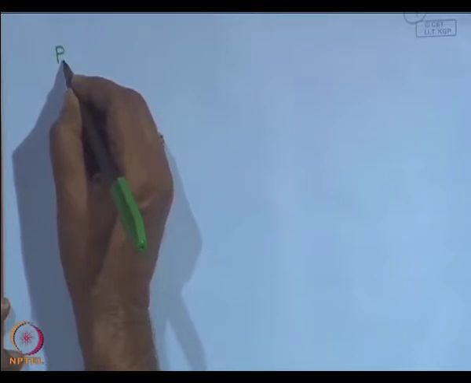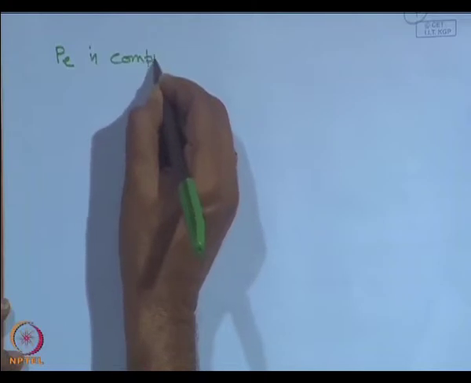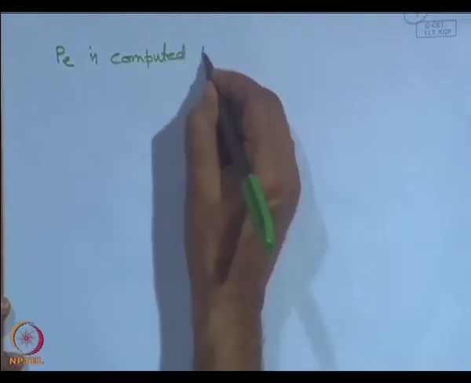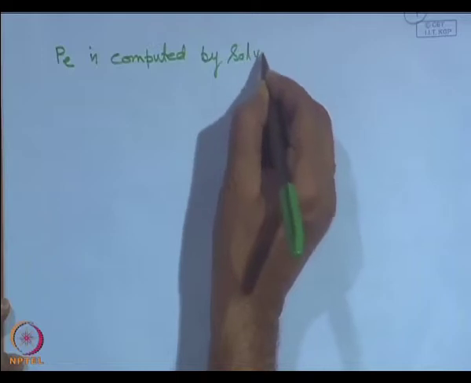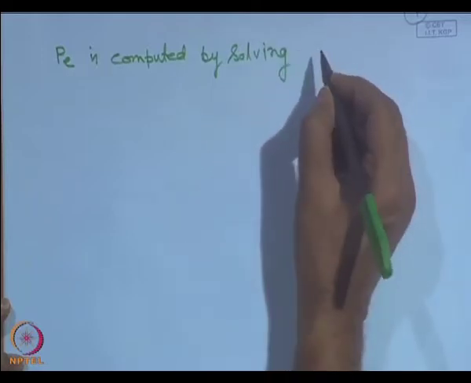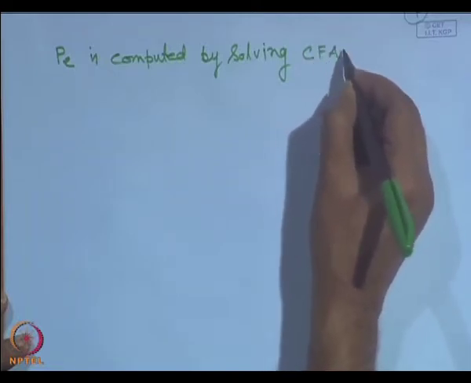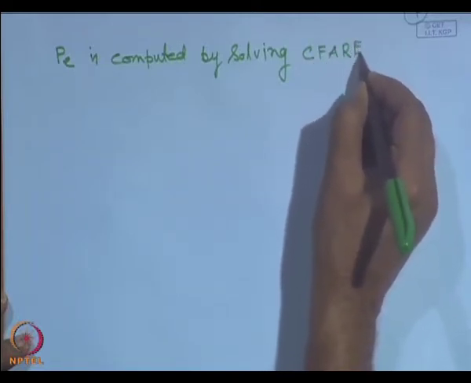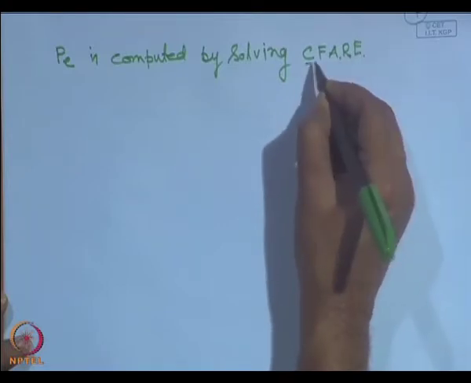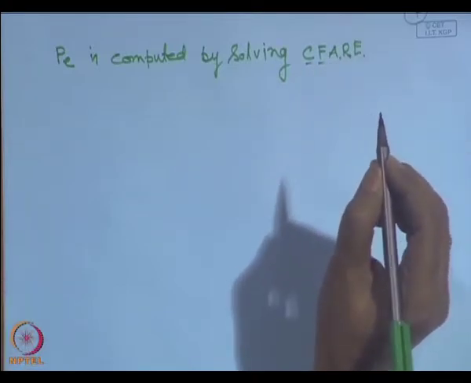If you do this, P is computed by solving the continuous filter algebraic Riccati equation. So, the design of the filter and the design of the controller are dual of each other.